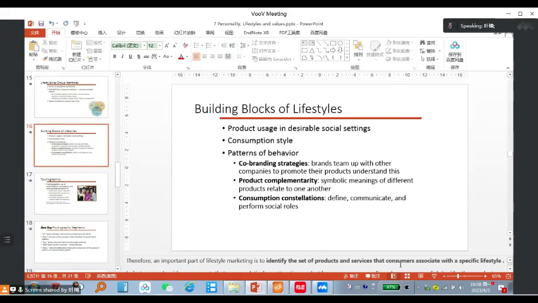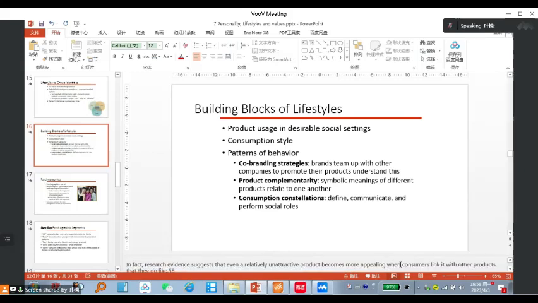So an important part of lifestyle marketing is to identify the set of products and services that consumers associate with a specific lifestyle.